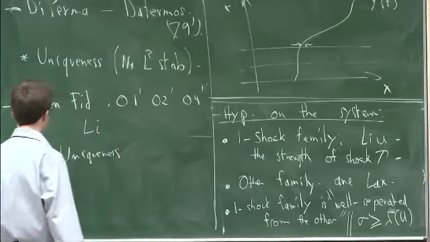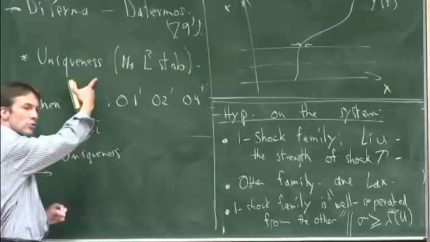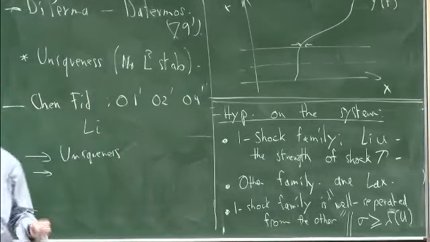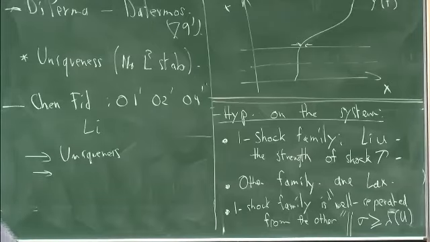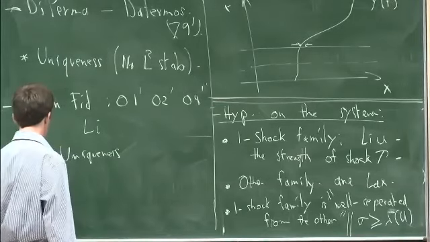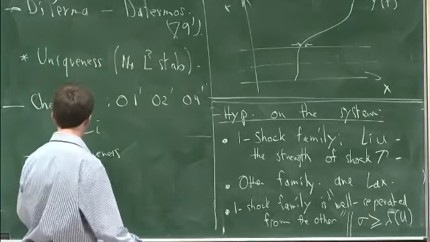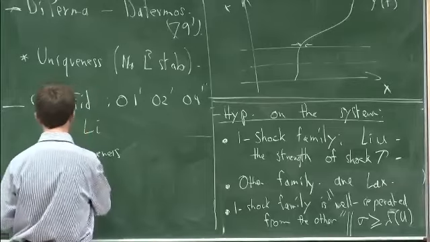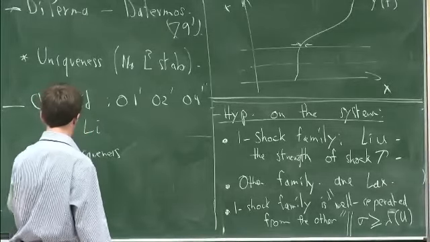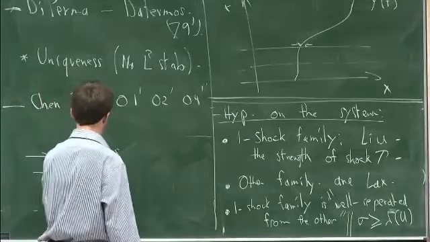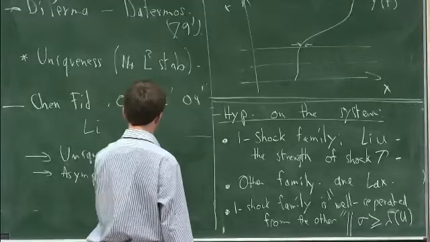They were also able to relax some assumption here, with no smallness in L infinity, and also L2 stability in large time. So asymptotic L2 stability, asymptotic in time.